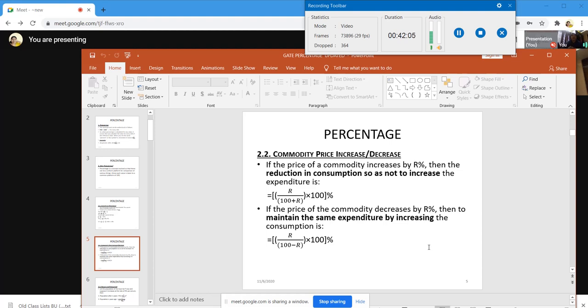If the price of a commodity increases by R percent, then the reduction in consumption so as not to increase the expenditure is R by 100 plus R into 100. Likewise, if the commodity price decreases, the formula is R by 100 minus R into 100.